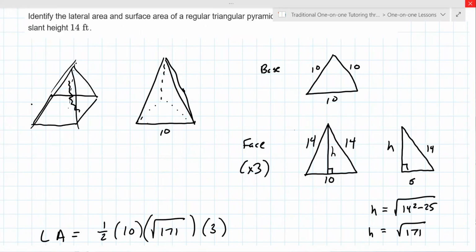Maybe I made a mistake here. What is 14 squared? Let me just make sure I got this down. 14 squared minus 25. 196, yes, that's right. Let me just double check. Not that you're saying anything wrong, but my numbers don't match with yours. Base times height. We got 3 of them. Ooh, that's really interesting. Is it supposed to be smaller?